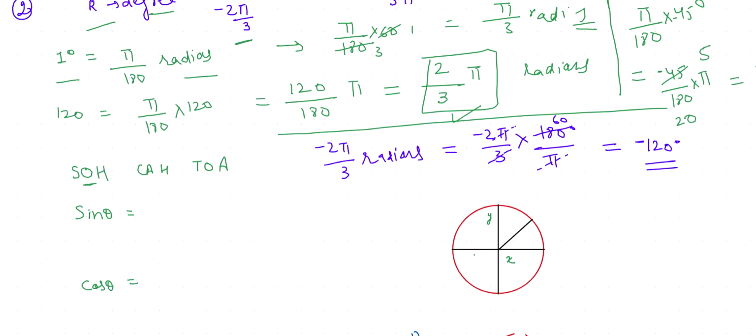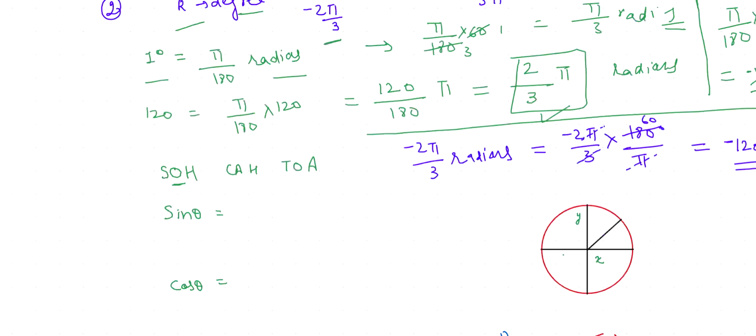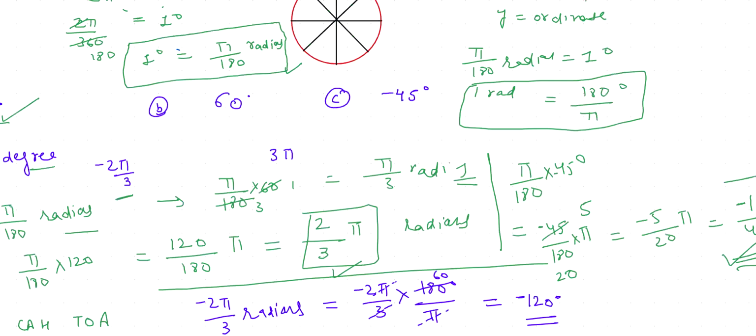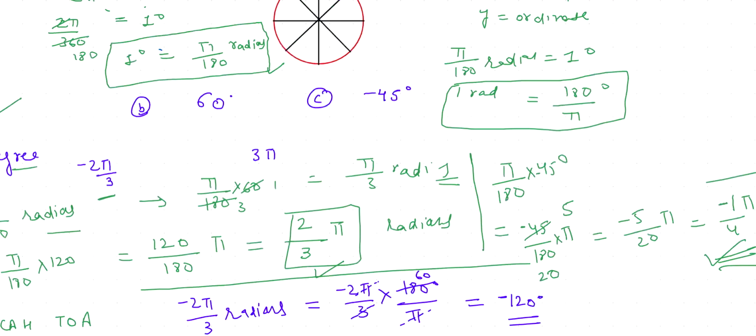The next one is 3 pi. You have to convert this into degrees. We have 3 pi radians. And how many degrees is 1 radian equal to? 1 radian is equal to 180 by pi degrees.